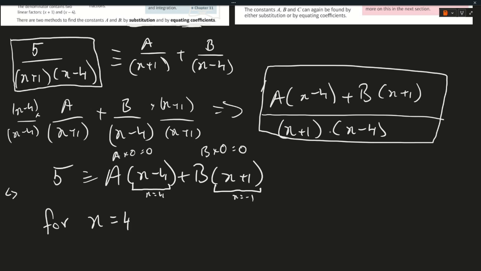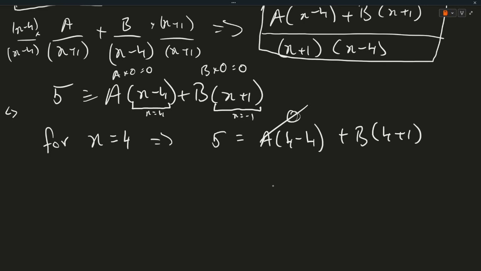So for x equals 4, we have that 5 is equal to a lots of 4 minus 4 plus b lots of 4 plus 1. This is 0, so that cancels. This is 5, which means that 5 lots of b is equal to 5, and b is equal to 1. That's our first answer.